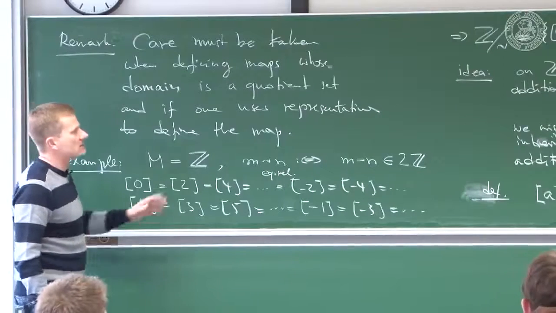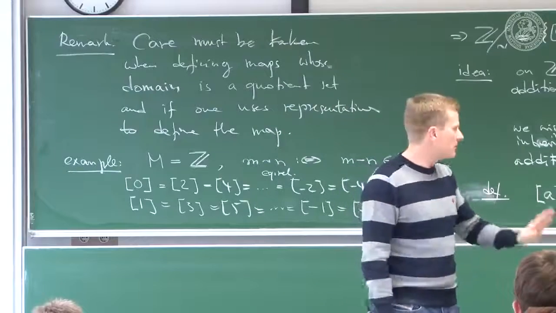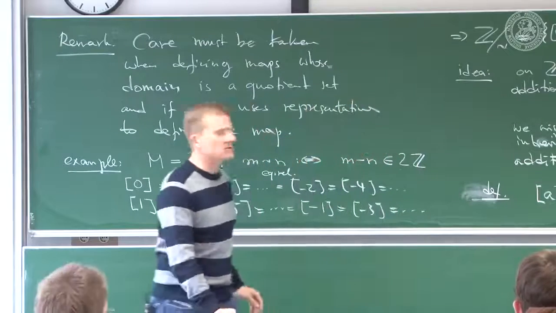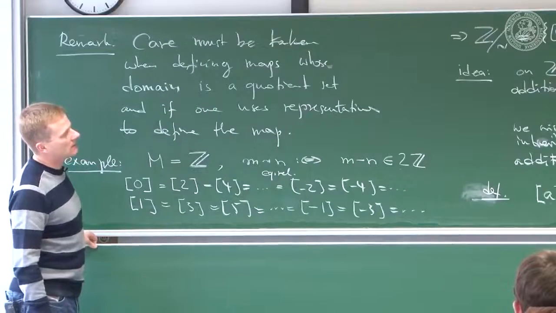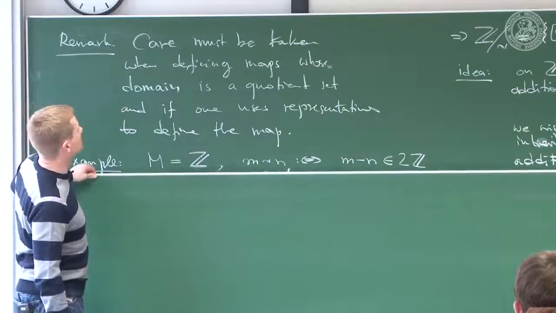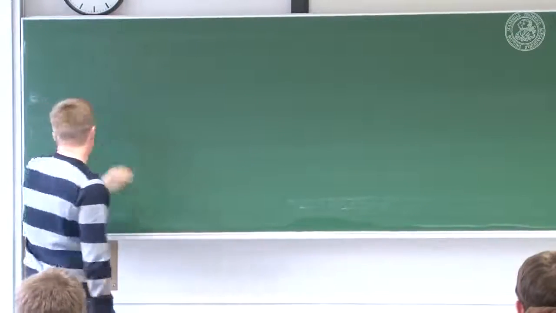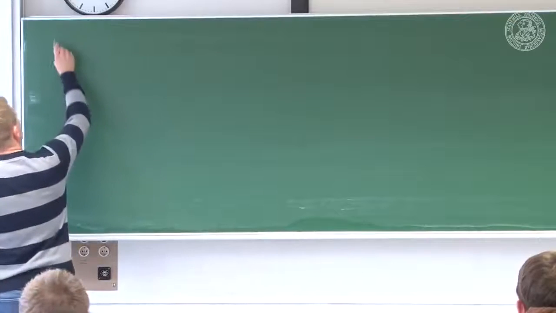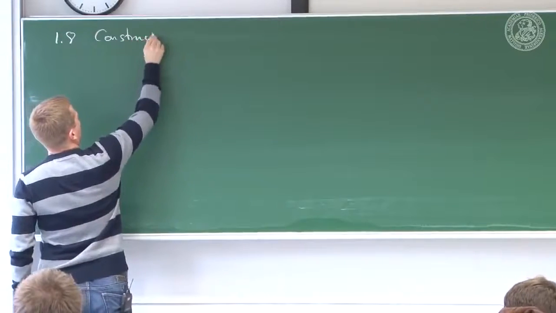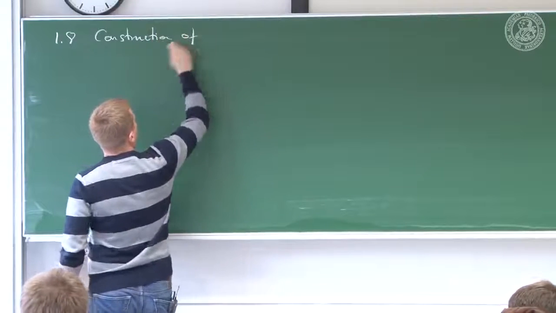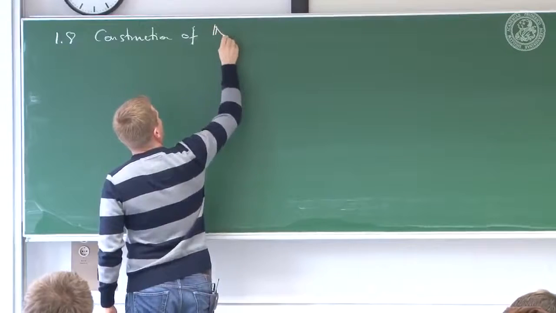And so this happens in various shapes and forms and fashions throughout many constructions in mathematics, and in fact throughout many constructions we're going to discuss in this course. So a final section of this chapter is 1.8, construction of integers.